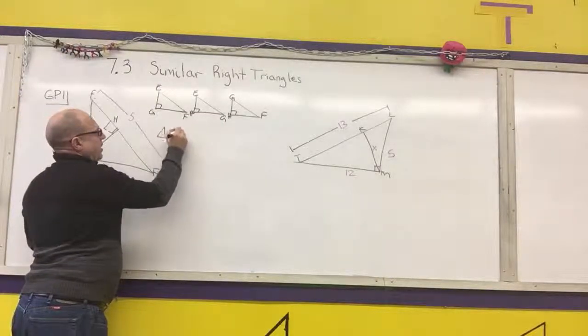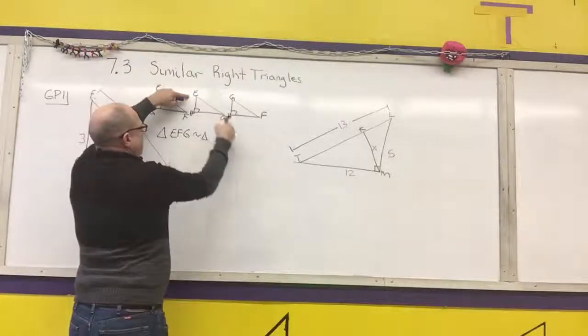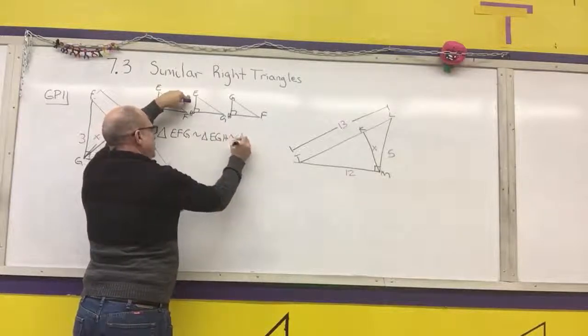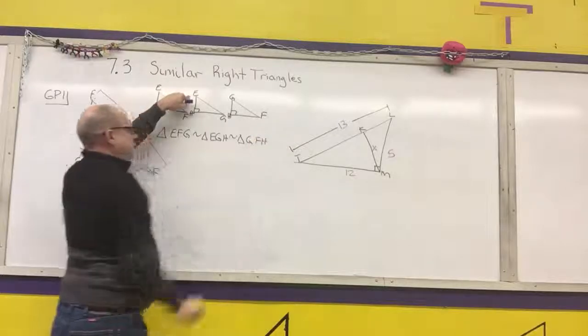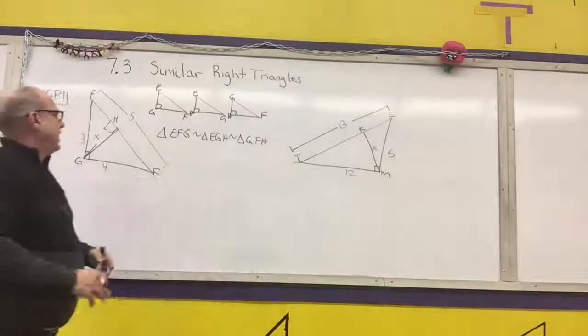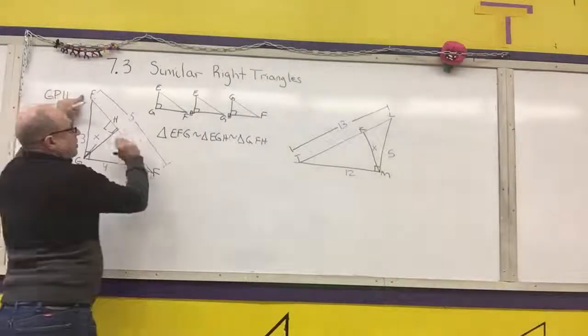From that point, I can write my similarity statements. Triangle EFG is similar to triangle EGH, which is similar to triangle GFH. Now I'm going to label my three triangles with the side lengths that I know. I know that EG is 3.